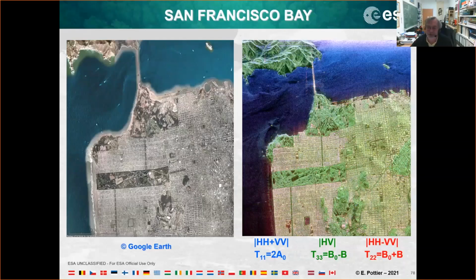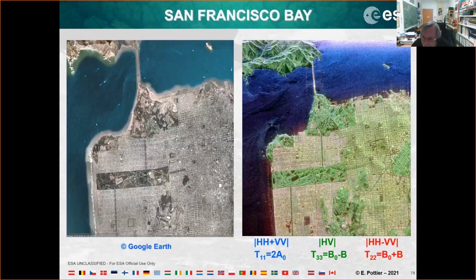It is not a picture, it is not a photo, it is a radar image, color-coded with the polarization. And you can even detect or discriminate the trees along the two big boulevards in the city. You can see the red colors more or less in the urban areas, which correspond to the double bounce.